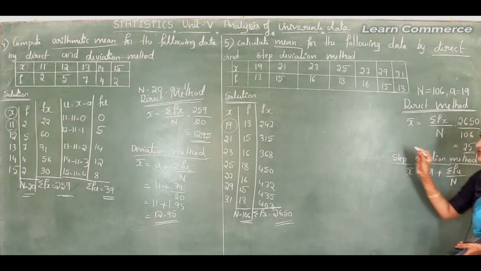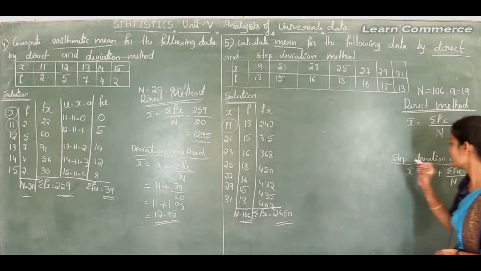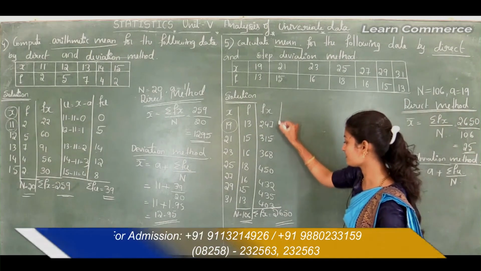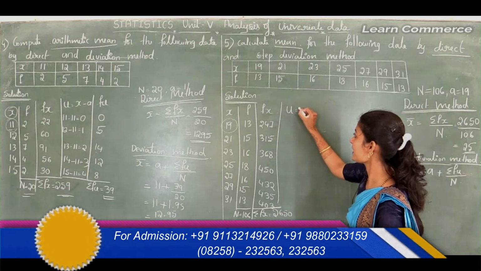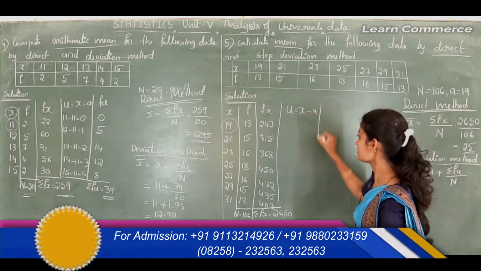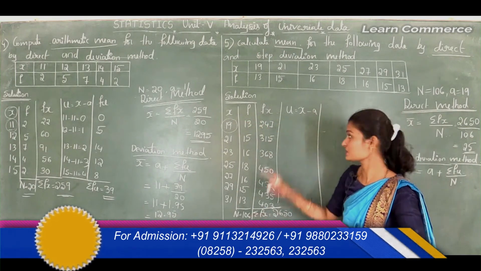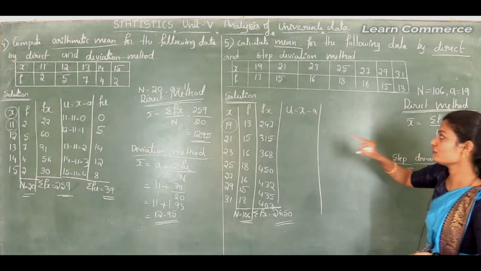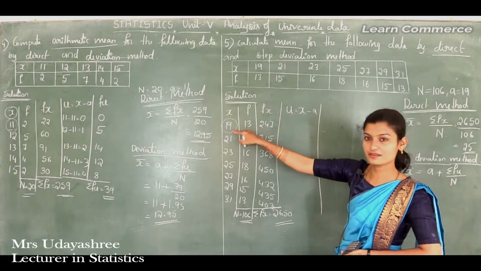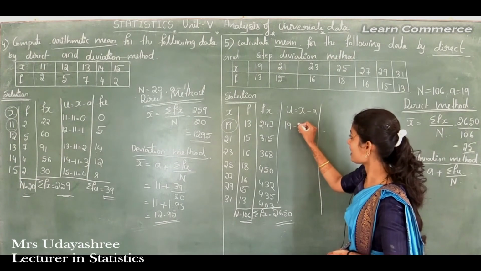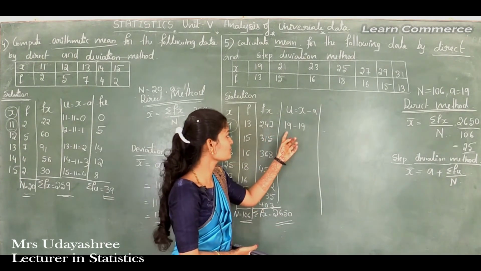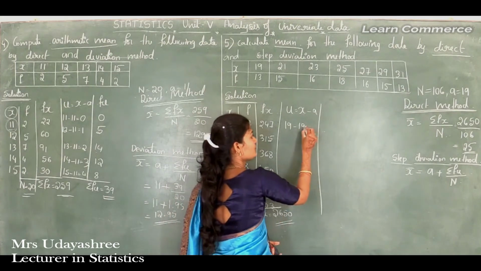Here the f observations are there, so we need to find the u observations. To calculate the u observations, the formula is x minus a. These are the x observations, and a is 19. The first x observation is 19, so 19 minus 19 is 0.